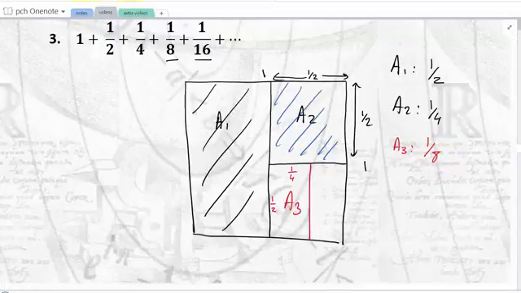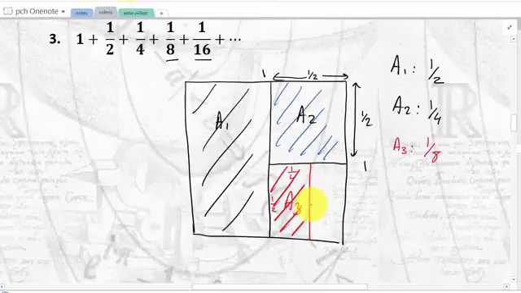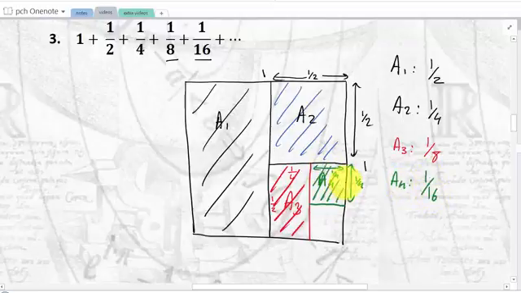All right, we got this rectangle right here. I'm going to do that one last time. I'm going to take this remaining area and divide in 2. So I'm going to call that A4. Okay, so this is 1/4 and this is 1/4. So A4 has an area of 1/16. Here we go. Here is A4.